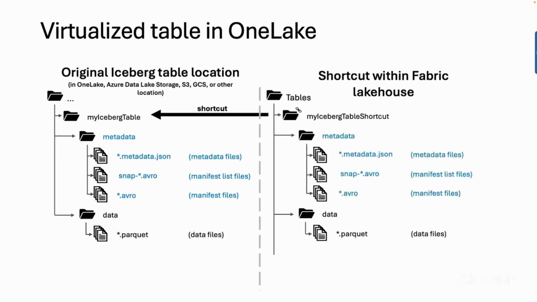We create a shortcut in OneLake, which just points to the Iceberg table, right? Important to note, nothing's being copied, but you have a way to access that data from within OneLake. The extra thing we want to do now is to add another layer here, because the original data was in Iceberg format. We convert it, it becomes Delta. Anyone who accesses this table through this shortcut should be able to consume it in either format.